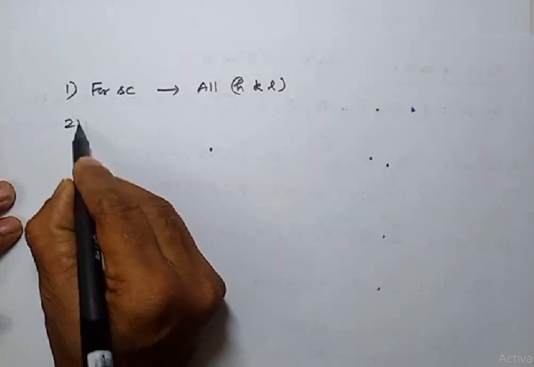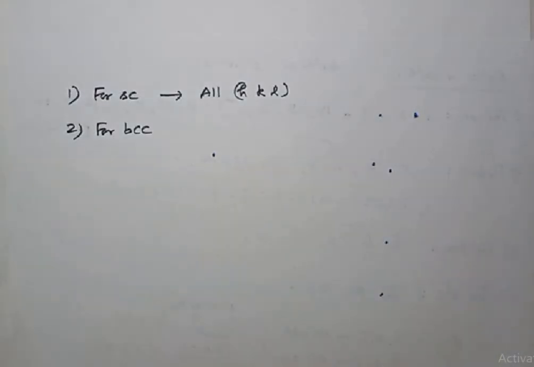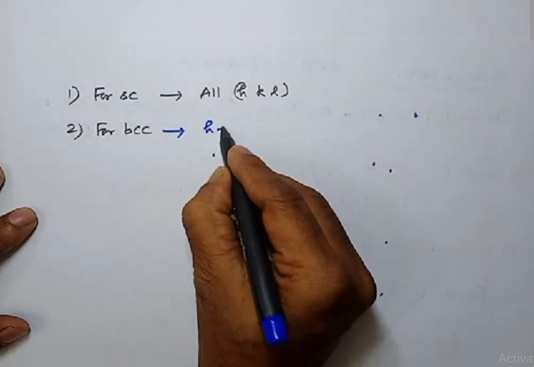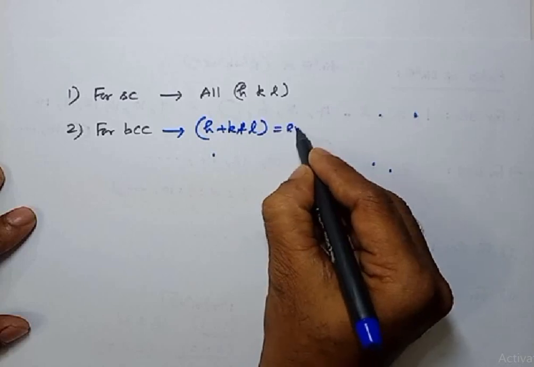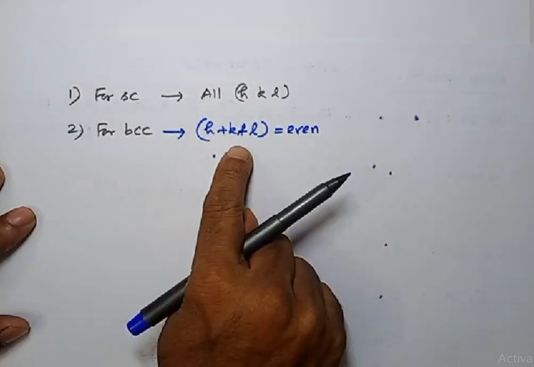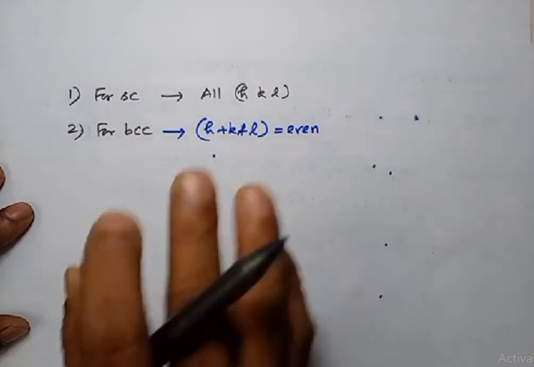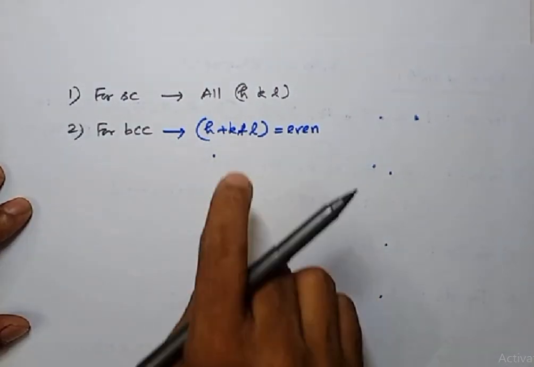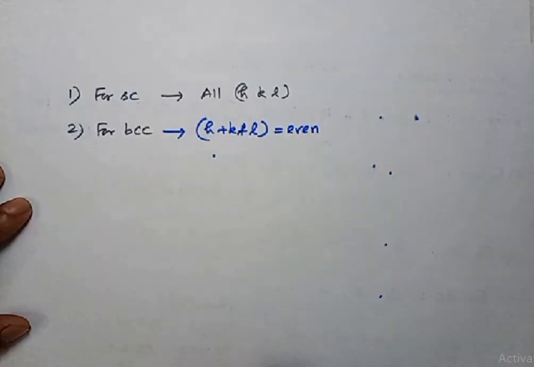Number 2, for body centered cubic, only those planes will give signal for which H plus K plus L should be an even number. Only those planes will give signal in the XRD pattern for which H plus K plus L is an even number.